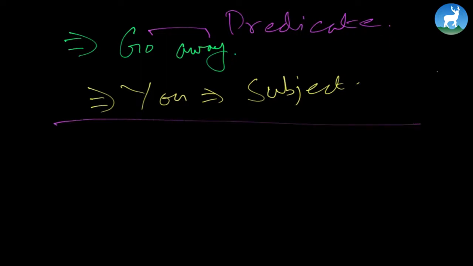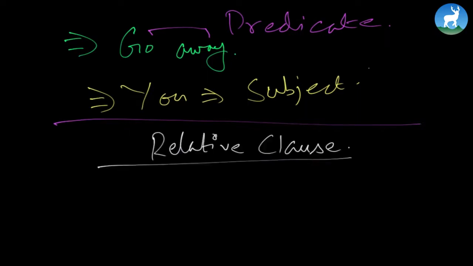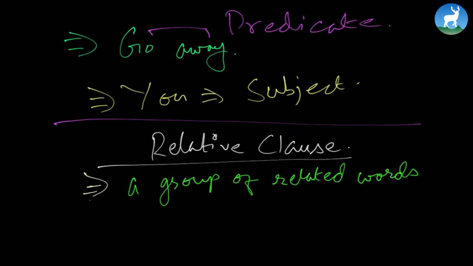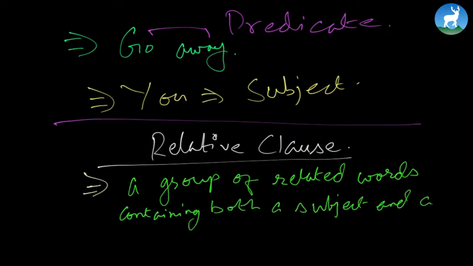Now there's one more term I'd like to introduce, which we define as relative clause. Now that we know the sentences and have the understanding of subject and predicate, let's go to relative clause. A relative clause is a group of related words containing both a subject and a verb.